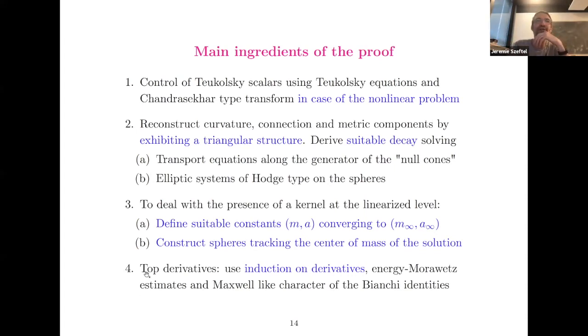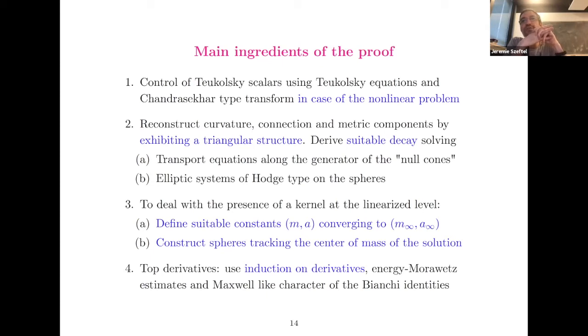And finally, as I said, this was decay estimates, but you also need top derivative estimates, or energy type estimates if you want. So for the top derivatives, of course, you cannot use just transport and elliptic systems, because you need to use the hyperbolic structure of the problem, otherwise you lose derivatives. So you remember you have a hyperbolic problem, mainly in fact for the curvature components.